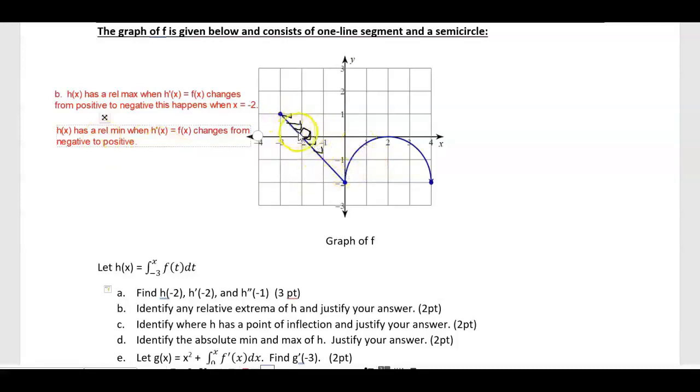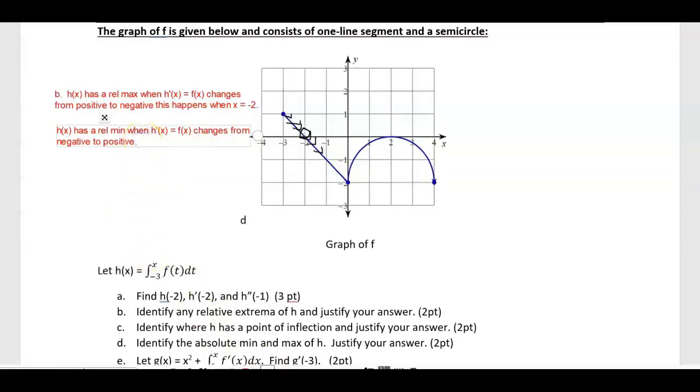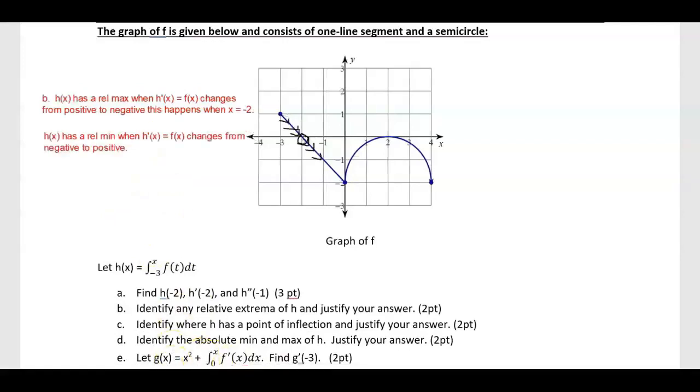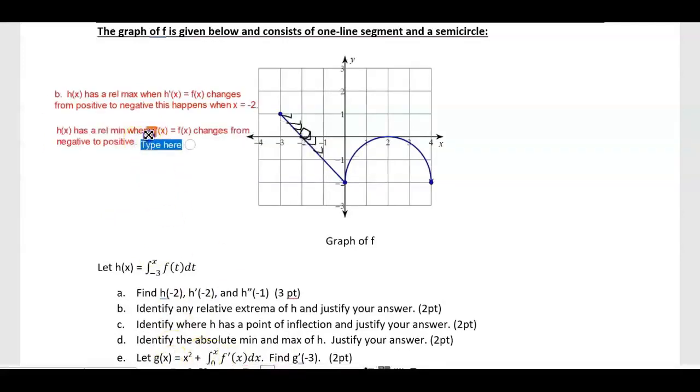Up here, we're above, and then it crosses, and it's below, and after that, it never crosses the x-axis again. It touches the x-axis, but it just stays negative. So it has to change from being positive to negative. It can't stay below. And so in this case, we would say there is none. So I would just say this does not occur.